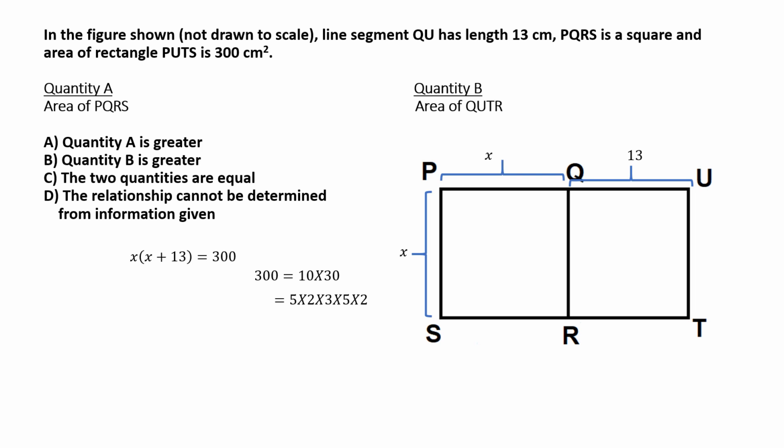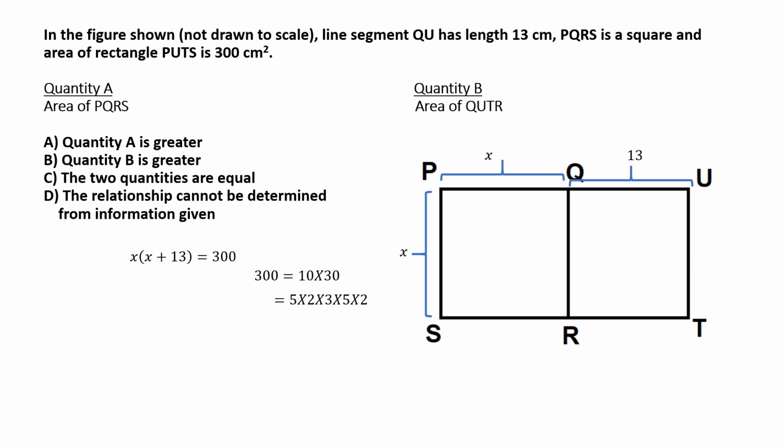Then it's a bit of trial and error trying to find a combination of two factors whose difference will be 13, because I have X multiplied by X plus 13 equal to 300. If I can break down 300 as the product of two integer factors whose difference is 13, I might get a solution directly.